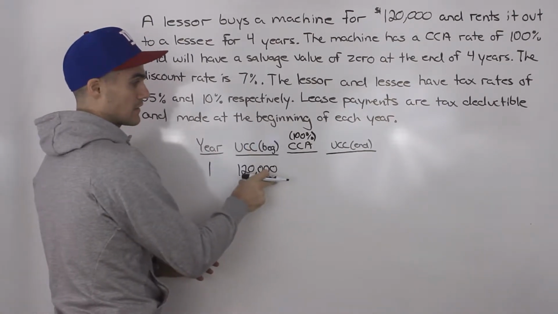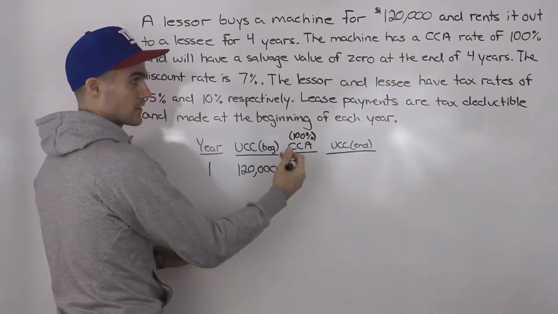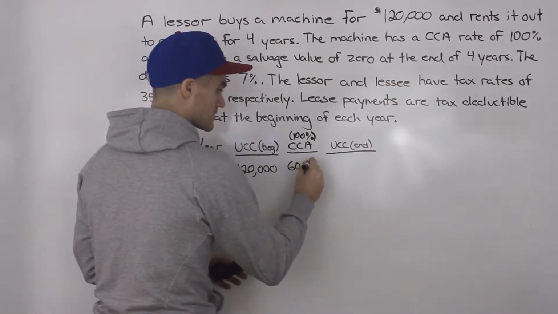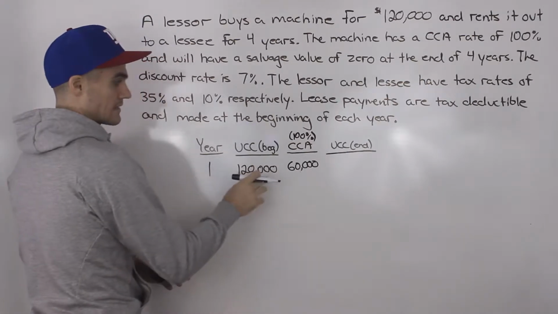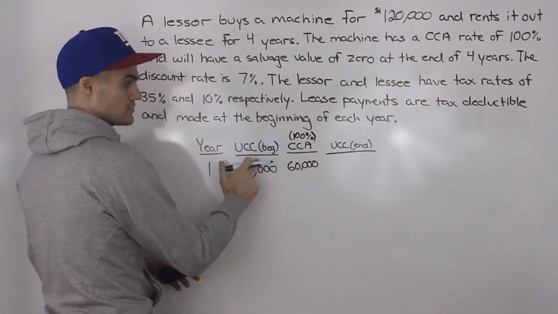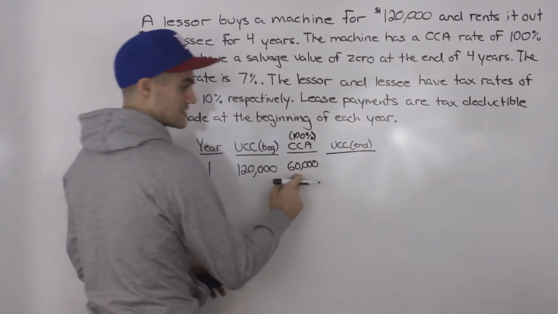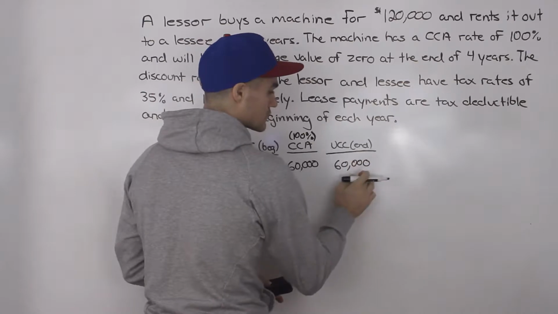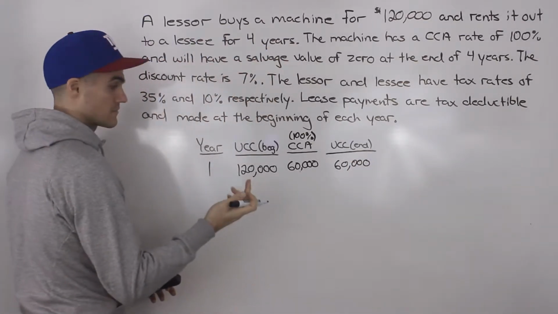So 120,000 times 100% is 120,000, divided by 2 gives us 60,000. So at the end of the first year, the UCC is going to be the UCC at the beginning minus that CCA of 60,000, giving us a UCC at the end of the first year of 60,000.